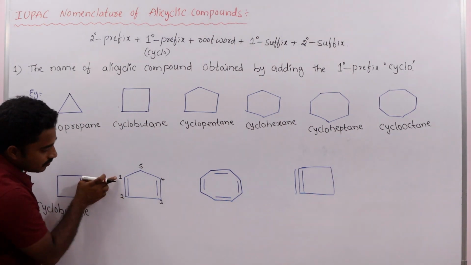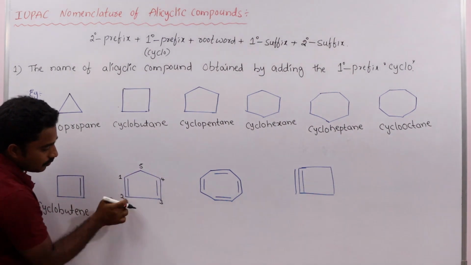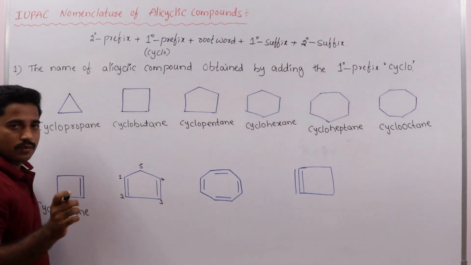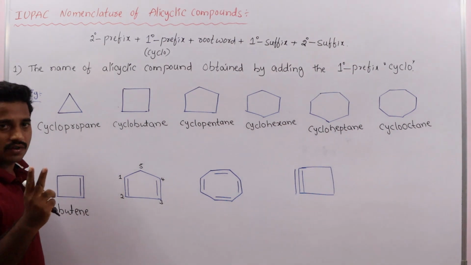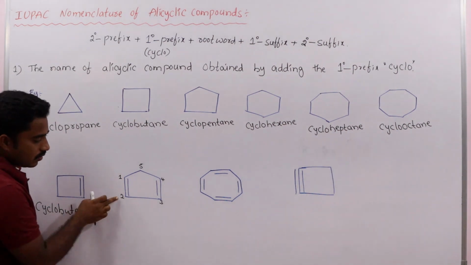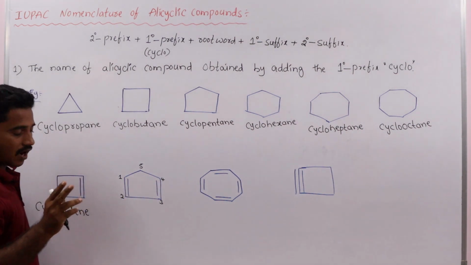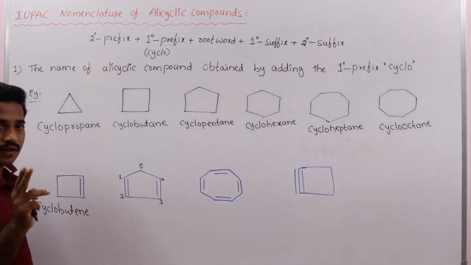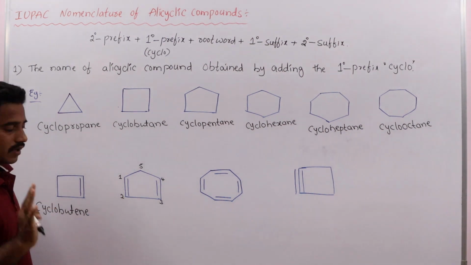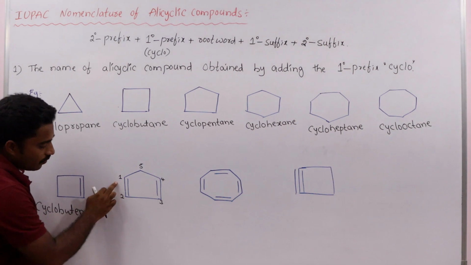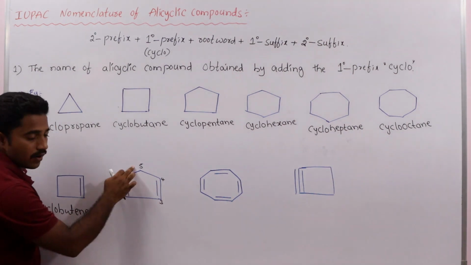Don't give numbering like this, because a double bond or triple bond should be present between 2 continuous numbers, like 1, 2, 3, 4. That is the correct way to give the numbering: 1, 2, 3, 4, 5.